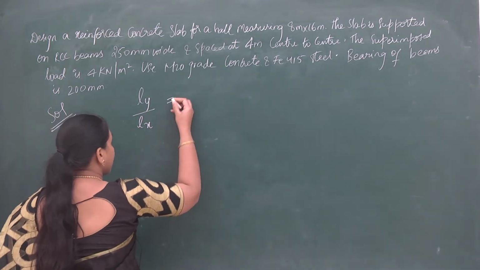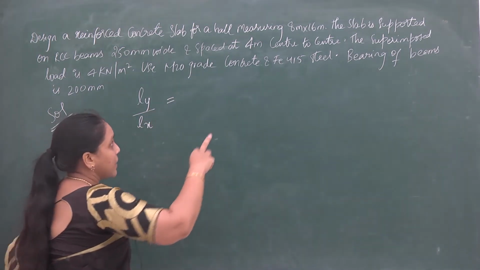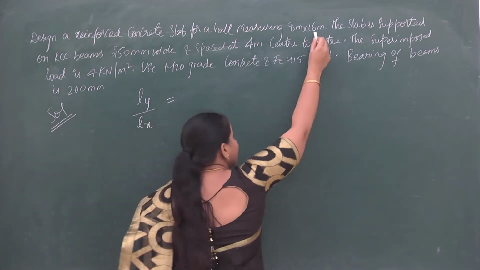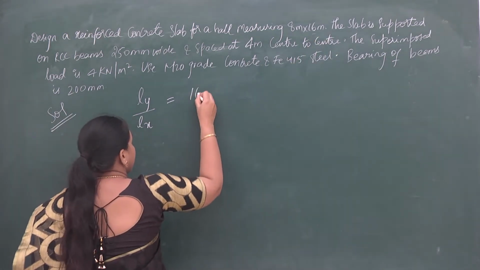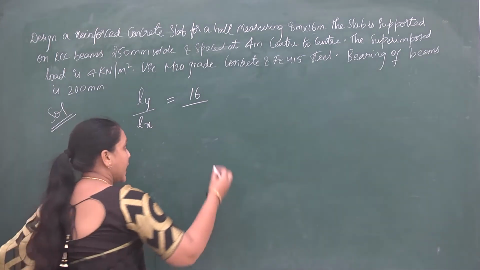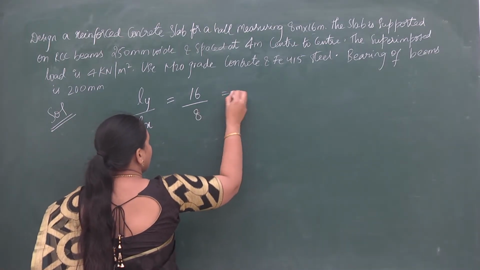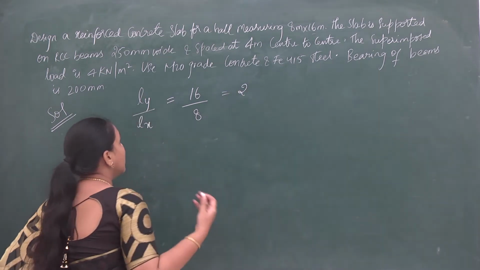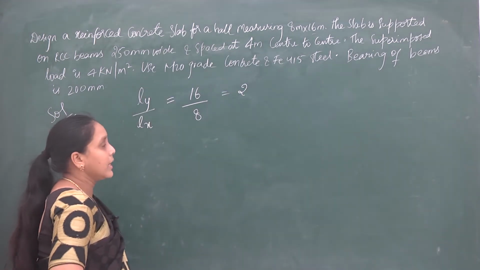So from this particular question, Ly is the longer span, which is 16 meters, and Lx is the shorter span, which is 8 meters. So what is the value we got here? It is 2. That is, Ly by Lx is 2.